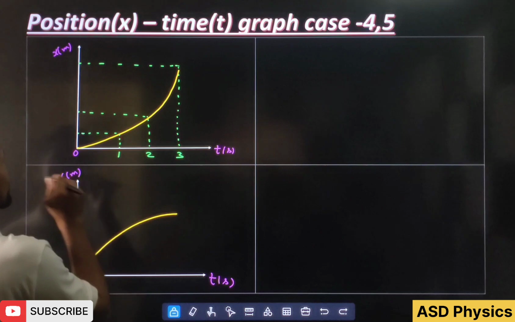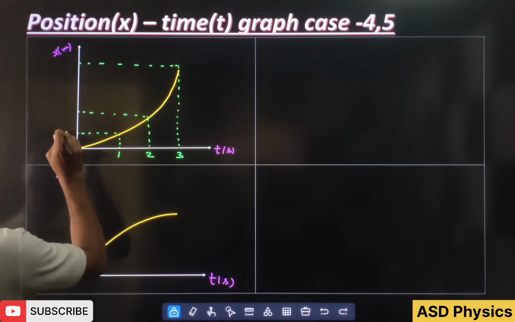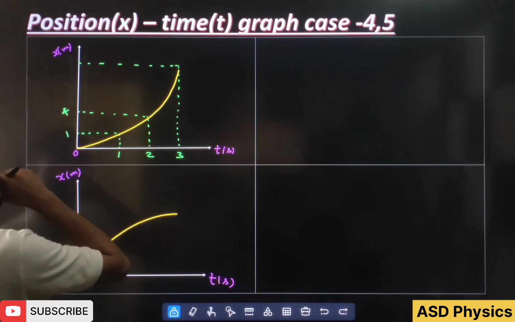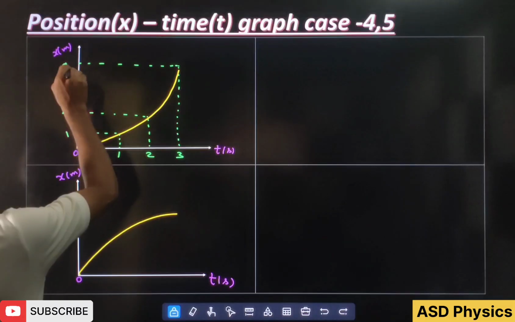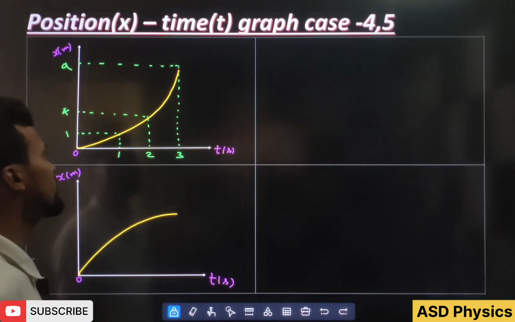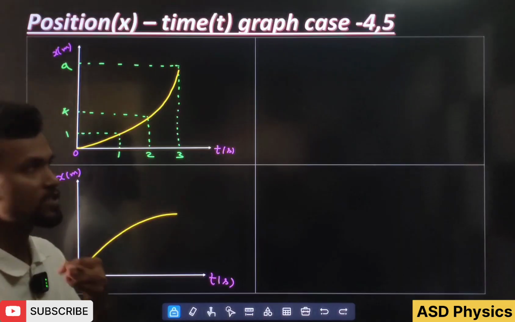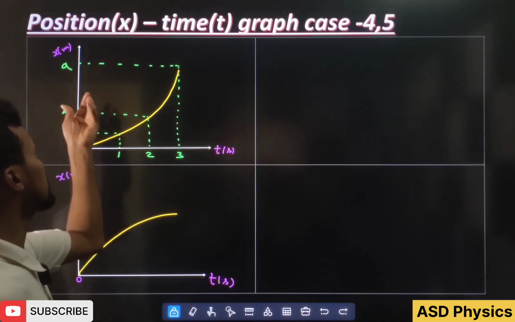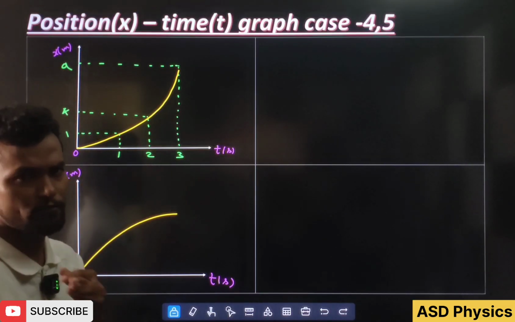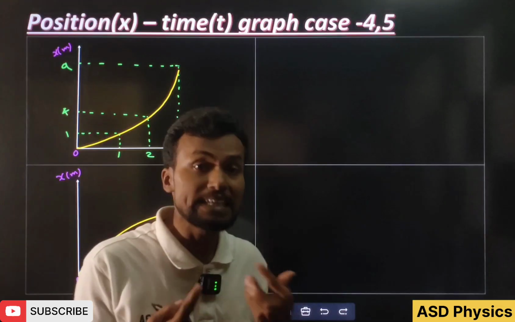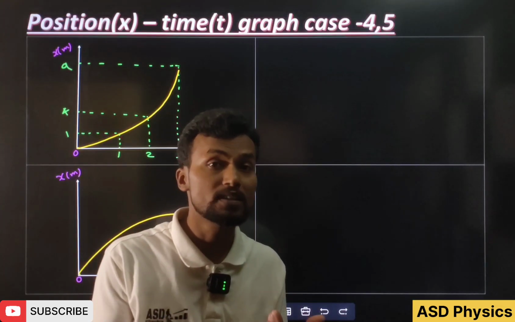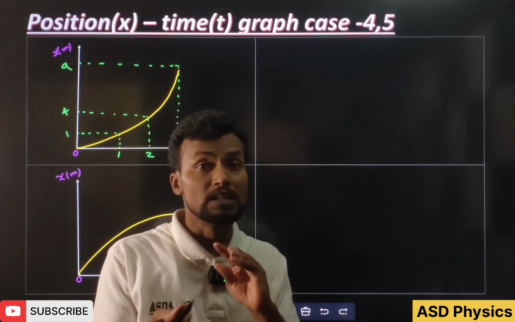Let's take positions 1, 4, 9. You can see very well: first second 1 meter, next second 1 to 4, that means 3 meters, next second 4 to 9, that means 5 meters. That means in equal intervals of time, the object is traveling unequal distances.